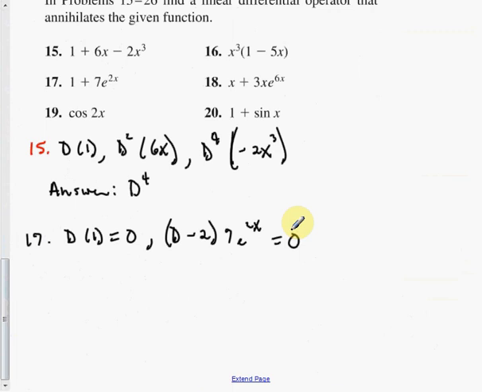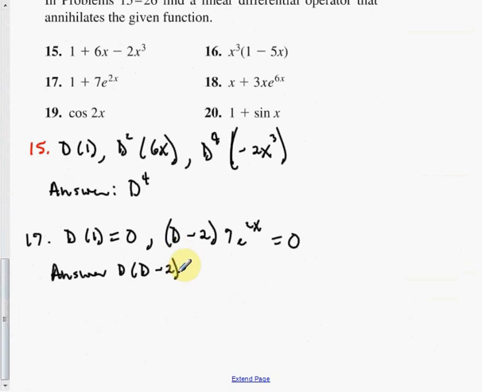So what will annihilate 1 plus 7 times e to the 2x? The answer here is d times d minus 2.